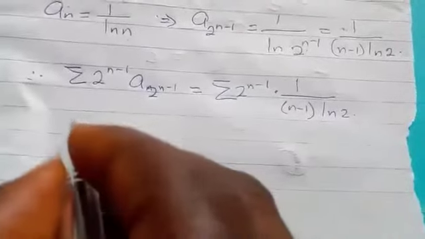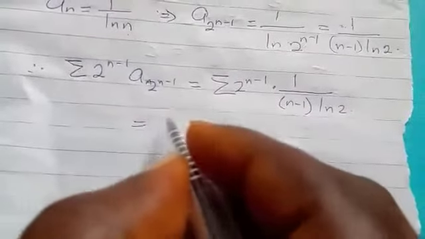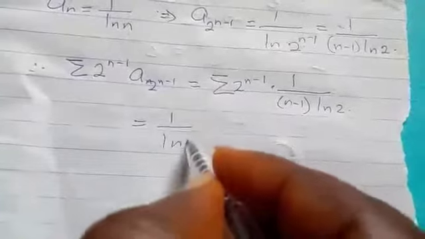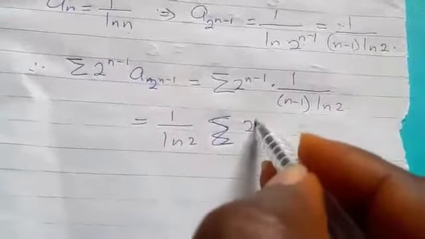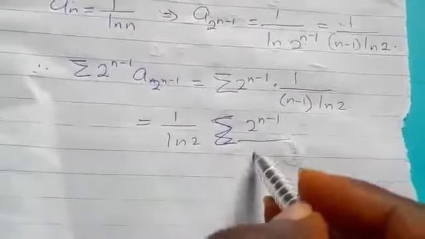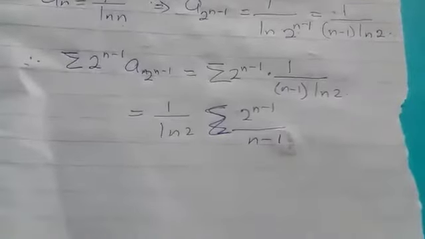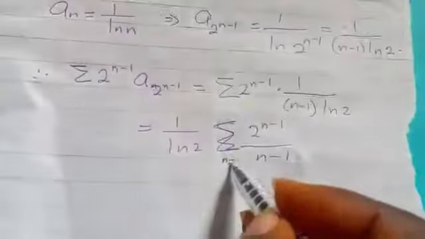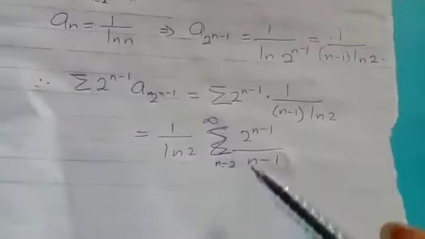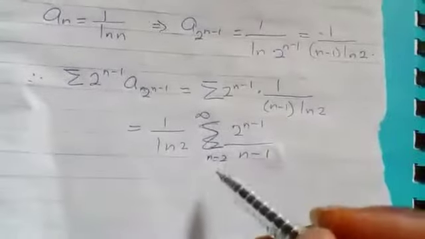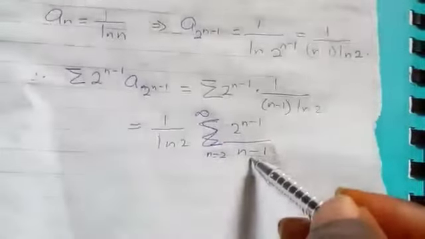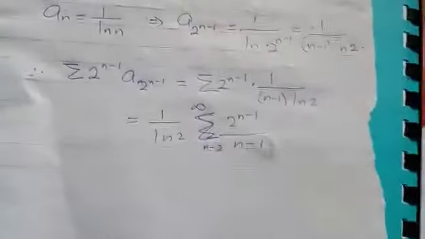Now I can bring the ln 2 outside, which is 1 over ln 2, then the summation of 2^(n-1) over (n-1). We are dealing with n running from 2 to infinity, so the series will be valid for n running from 2 to infinity.